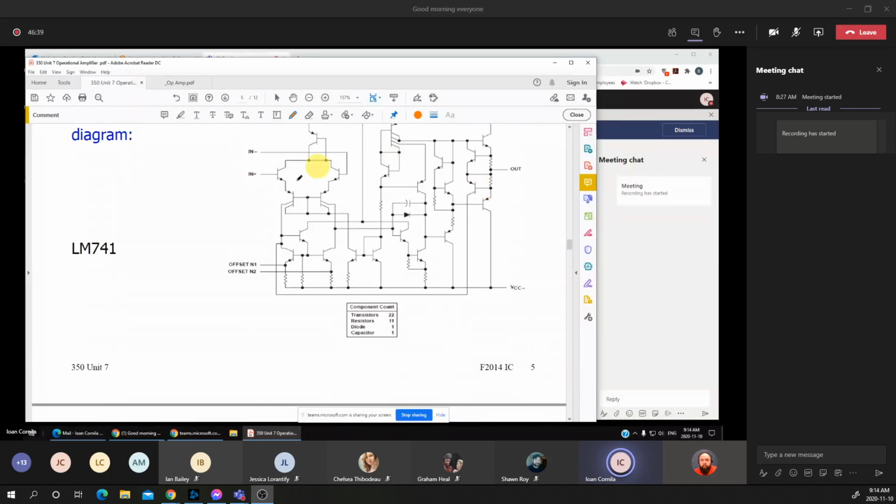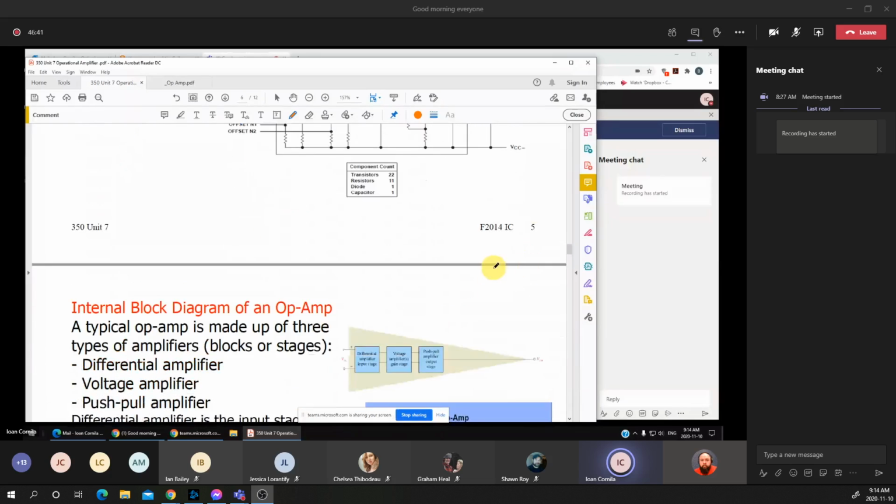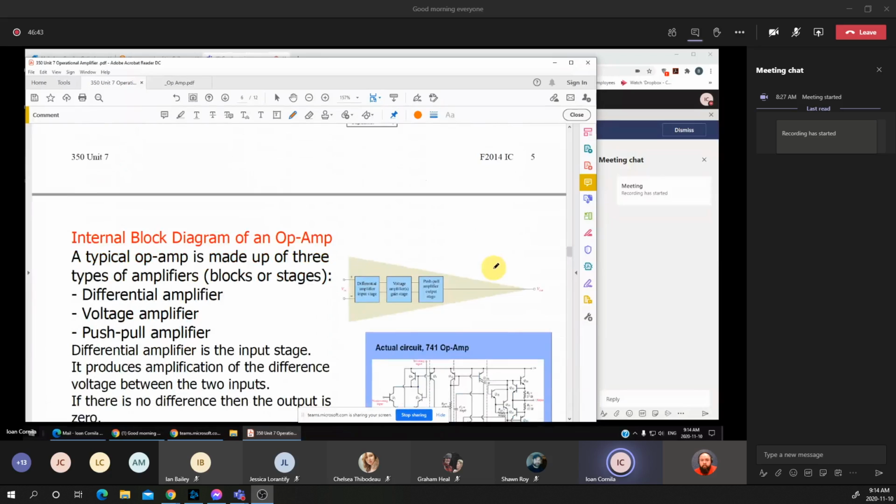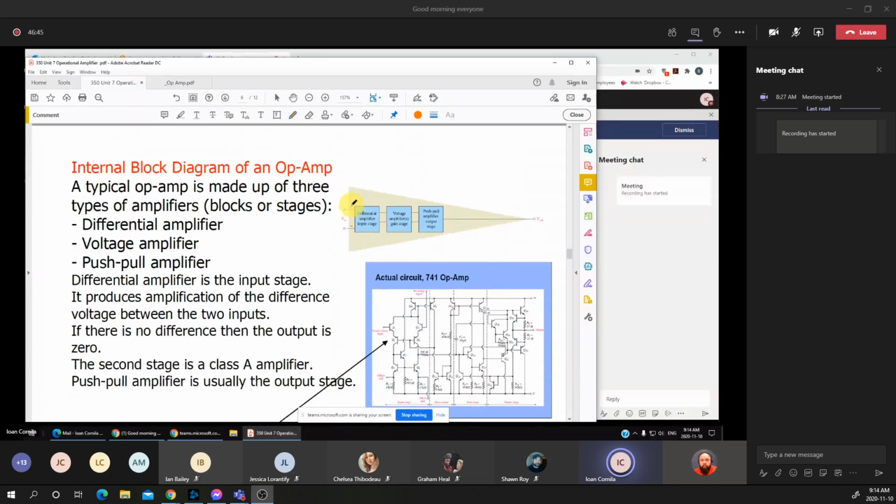I mentioned the 3 main blocks of an operational amplifier. The first stage is a differential amplifier input stage, which amplifies the difference between the two inputs, the V plus and the V minus.